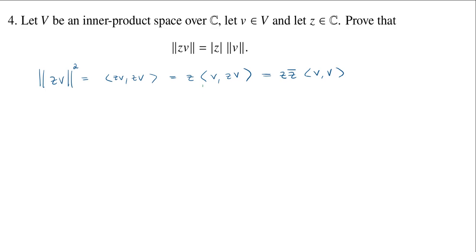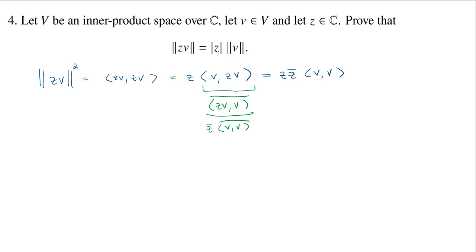One of the axioms for being an inner product space is that I can take the inner product of v with zv here and spin it around, making this the inner product of zv with v. But if I do so, it gets a complex conjugate. Now I do have a scalar z in the first component, so I can pull it out. But this complex conjugate still reigns over it, so this would be the same thing as z bar times the conjugate of the inner product of v with v.